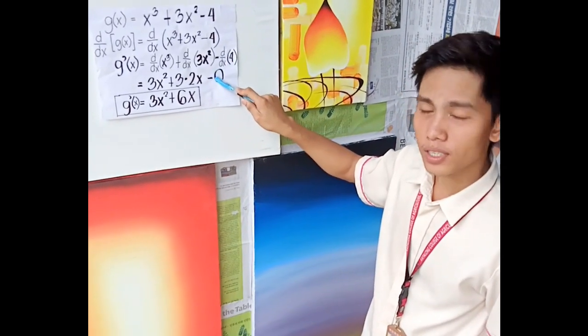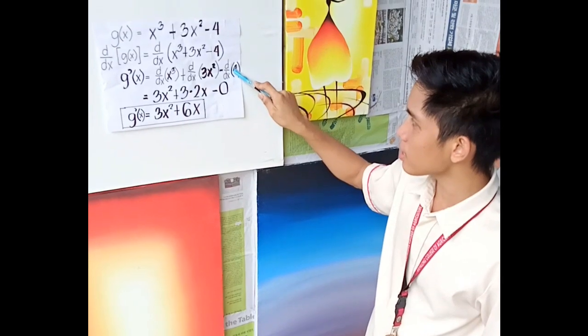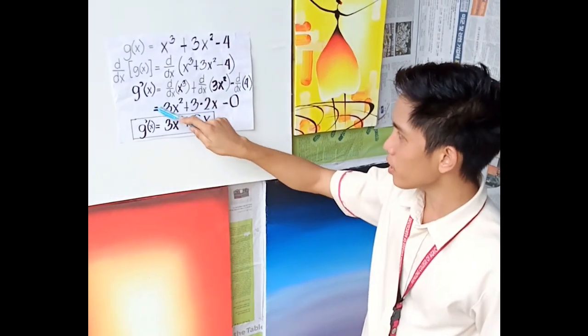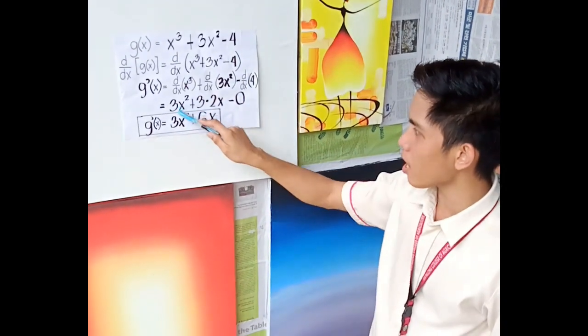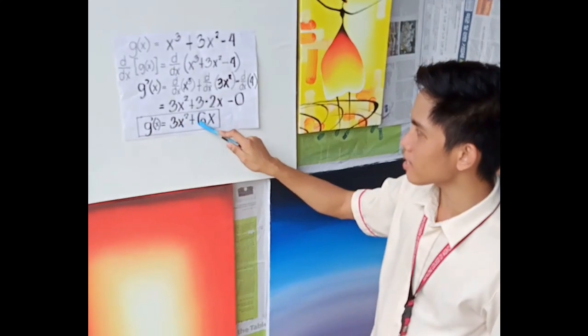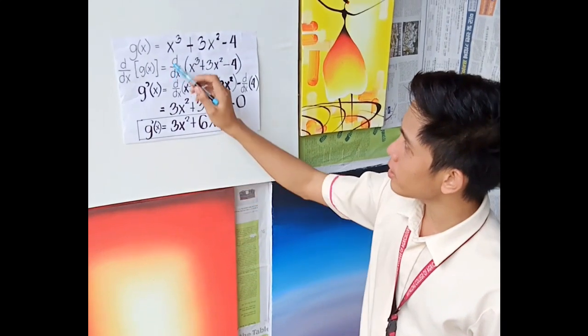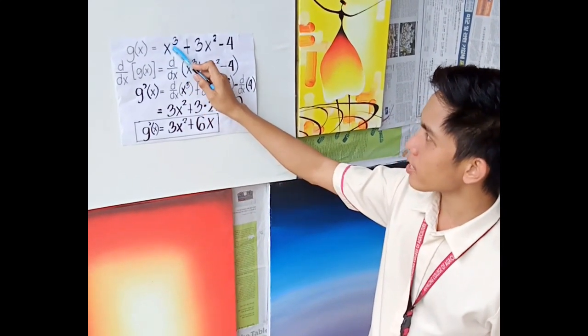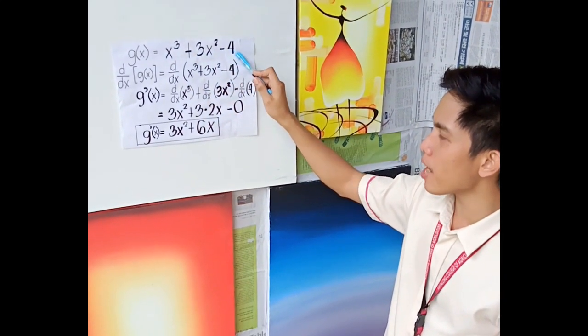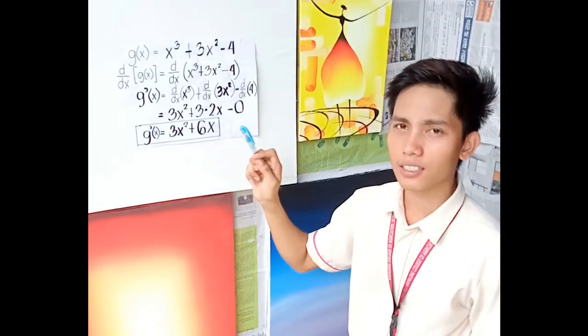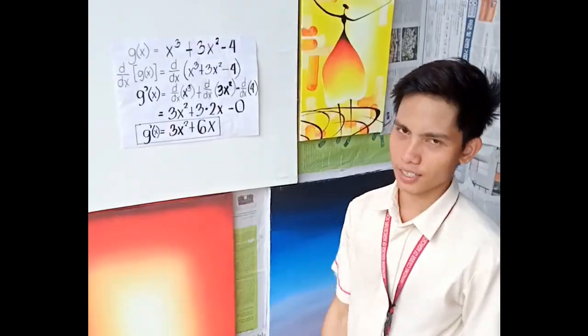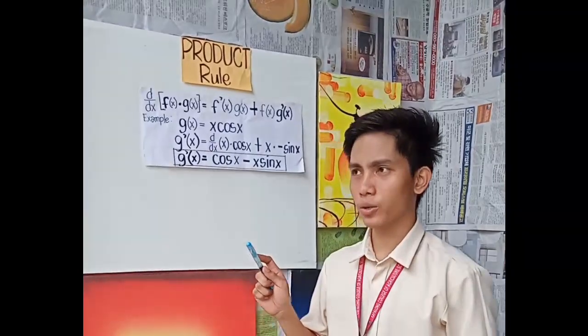The derivative of 4 is always equal to 0. That is the constant rule. Simplifying, 3 times 2 is 6x. So the derivative of x to the third power plus 3x squared minus 4 is equal to 3x squared plus 6x. We will now talk about the product rule.